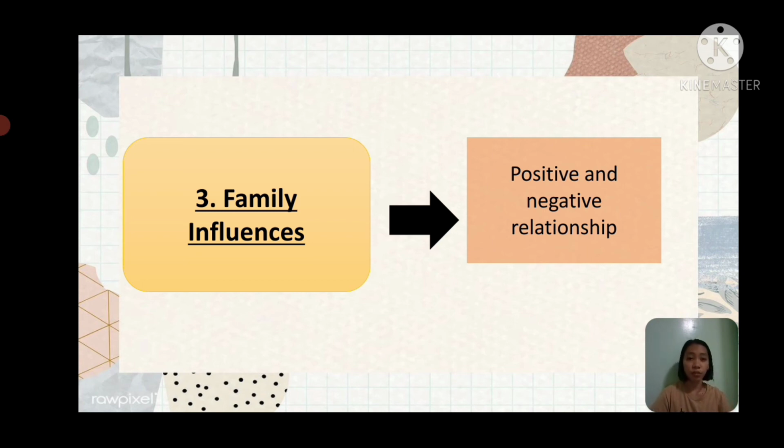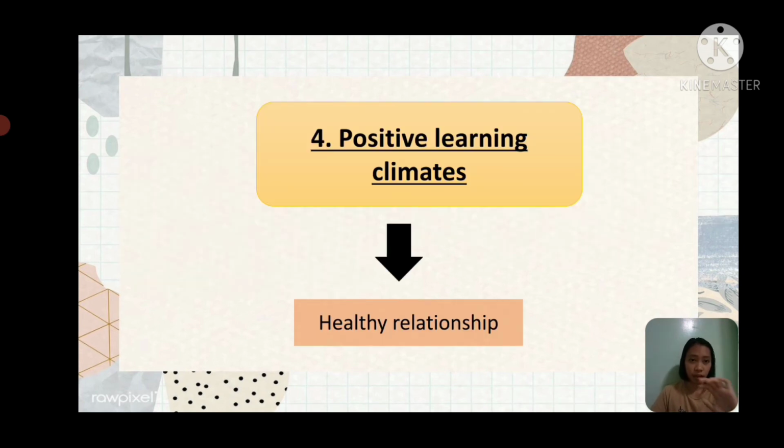And the last one, rather, positive learning climates. It is a healthy relationship. It is also like a quality relationship, the way of being positive to make learners feel safe to show their ideas.